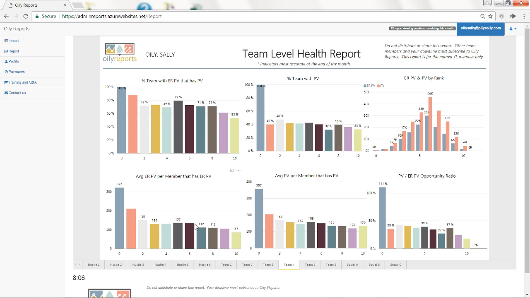So something happened at level 6 with Sally Oily here that she needs to focus on. Likely something's happening from level 6 to level 7, where the amount of customer care or education or training or encouragement with those team members is not as high as it is higher up.